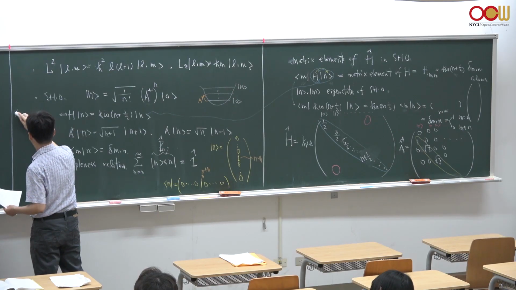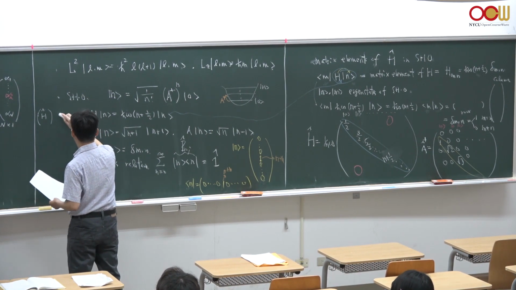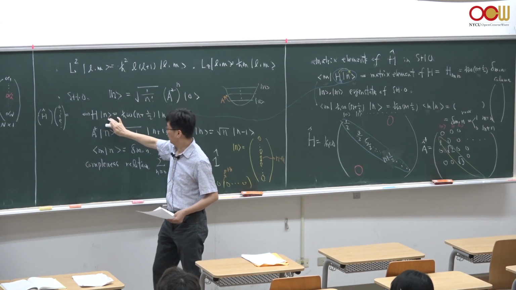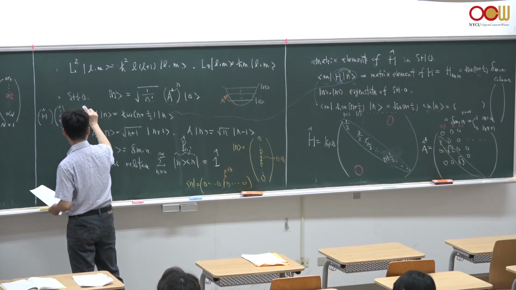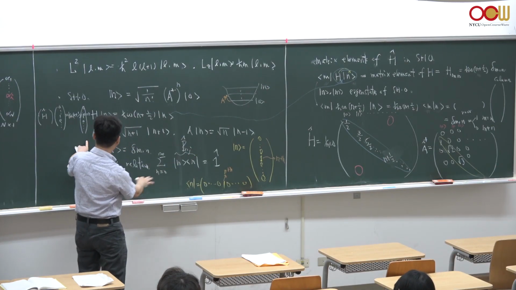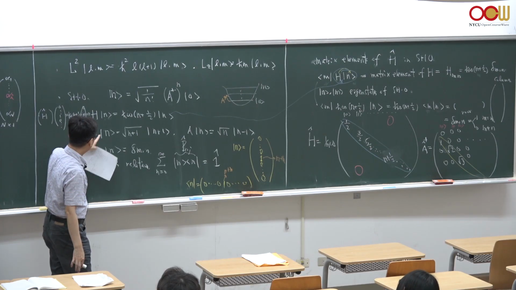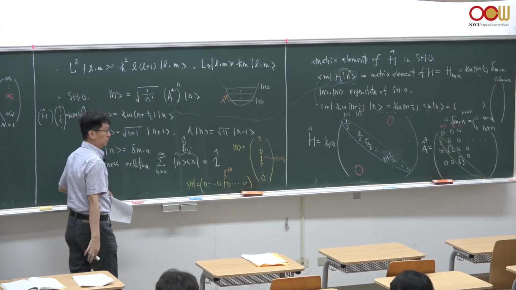Say, if you act this Hamiltonian matrix on this eigenstate n, you get your eigenvalue times the same thing. Likewise, you could reformulate this raising operator a dagger acting on the state n gives you the state n plus 1 times this prefactor.